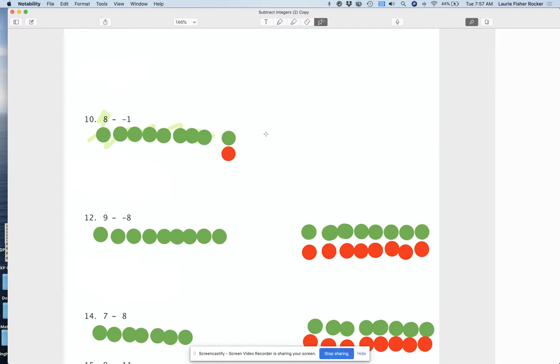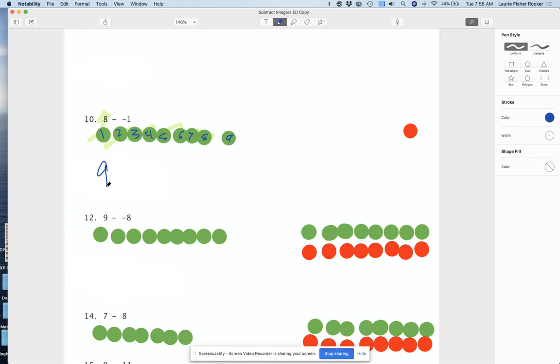Now we do the math. 8 minus negative 1. So I'm taking away the negative 1. Oh, that left behind a positive 1. Now I don't have any 0 pairs left over, so I simply count. 1, 2, 3, 4, 5, 6, 7, 8, 9. So I'm left with 9.